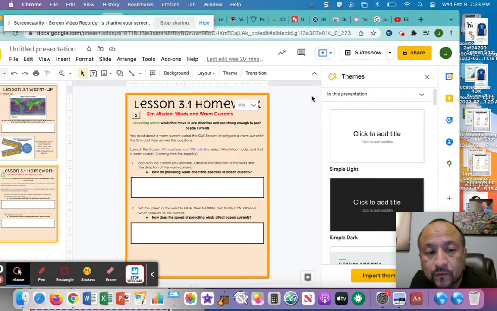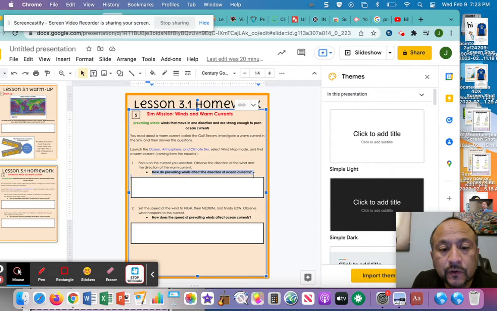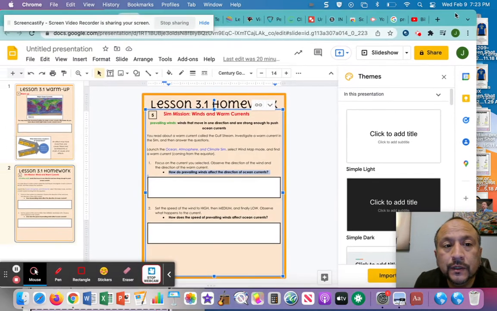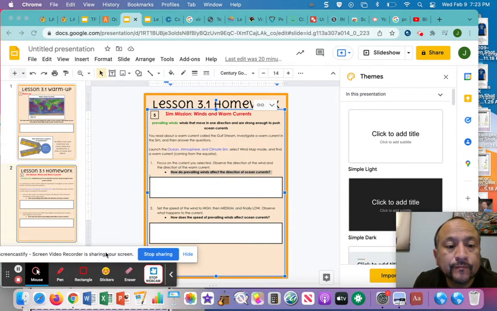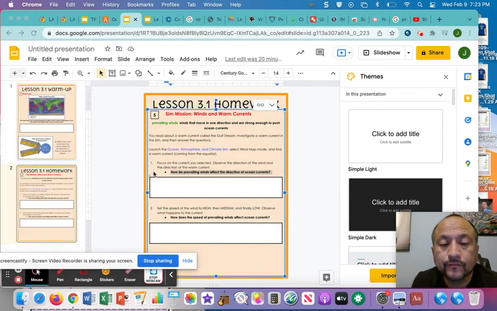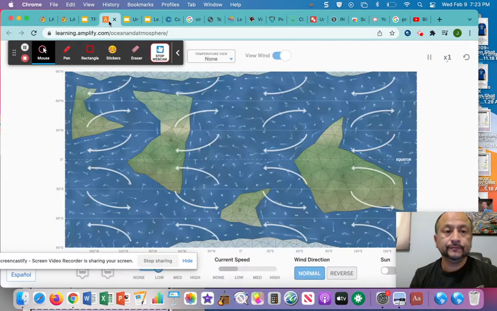Observe the direction of the wind and the direction of the warm currents. And the question is, how do prevailing winds affect the direction of ocean currents?